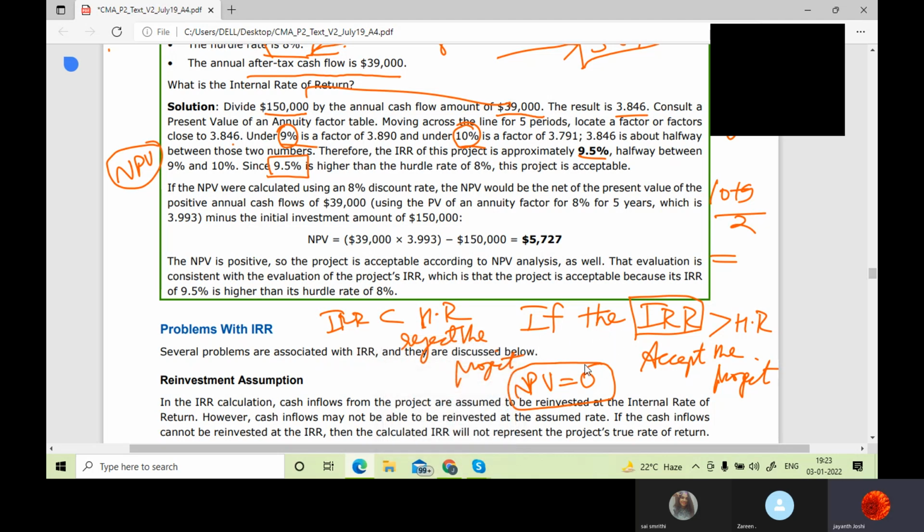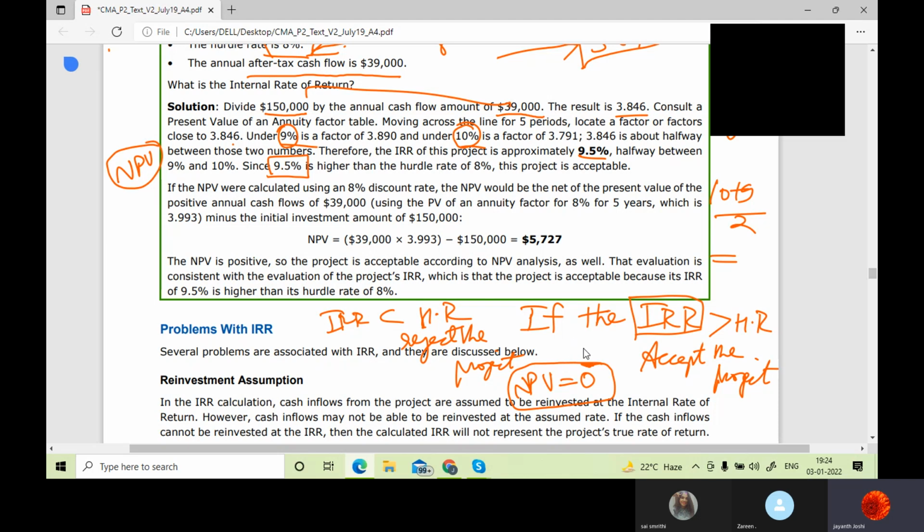The internal rate of return of a project is that rate at which the project's NPV is equivalent to 0. Did I say that? Yes, sir. So the rate at which your NPV is exactly equal to 0 is your IRR.